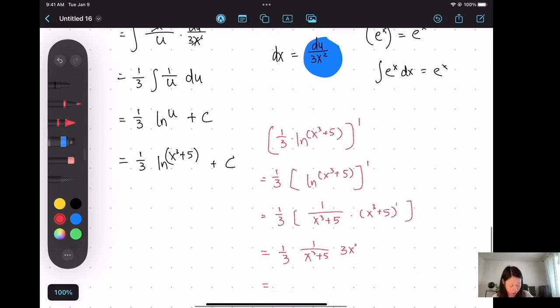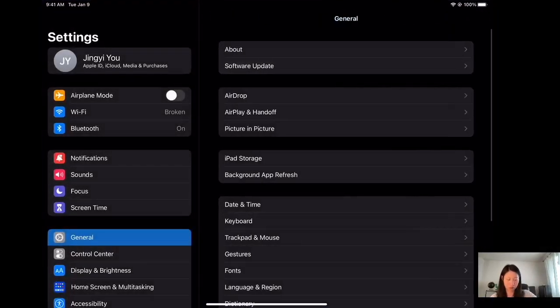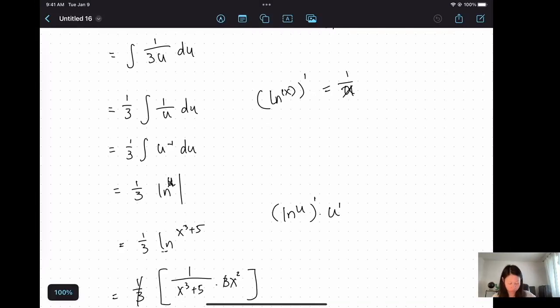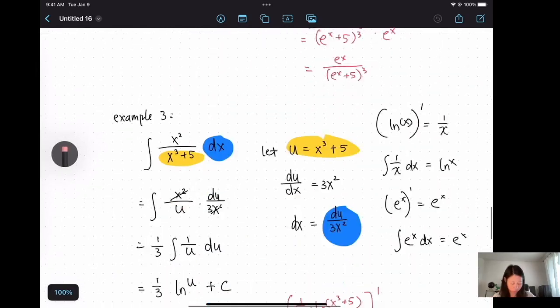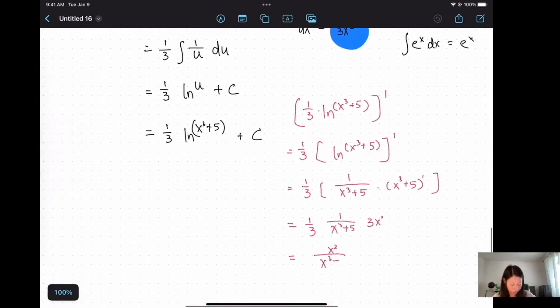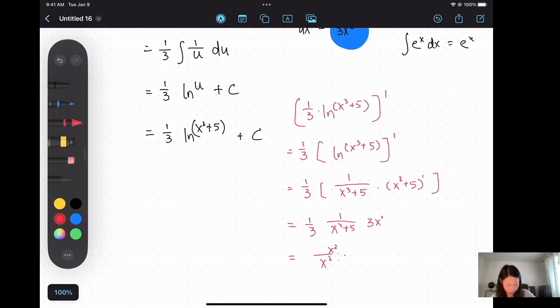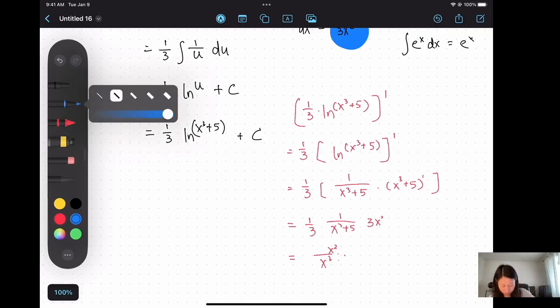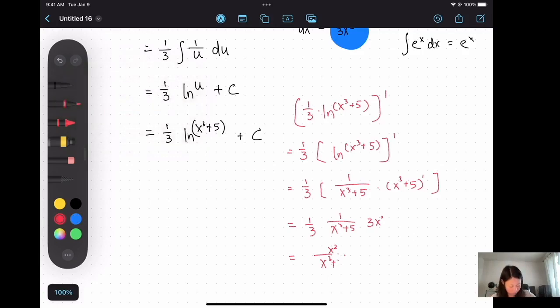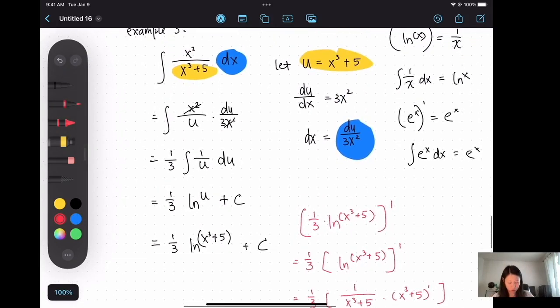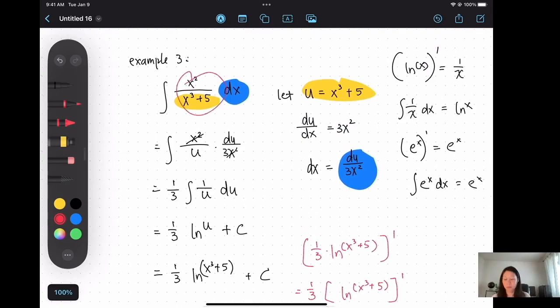After simplifying, I have x squared over x cubed plus 5, which is our original function.